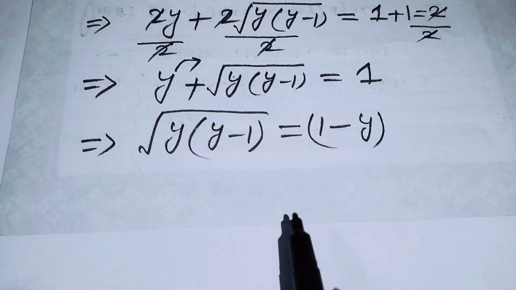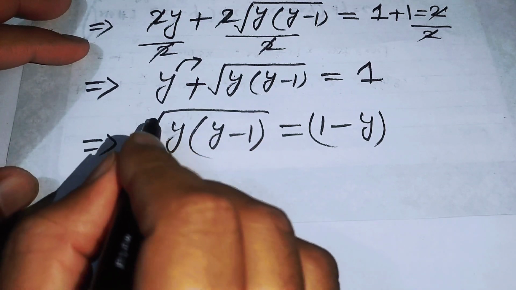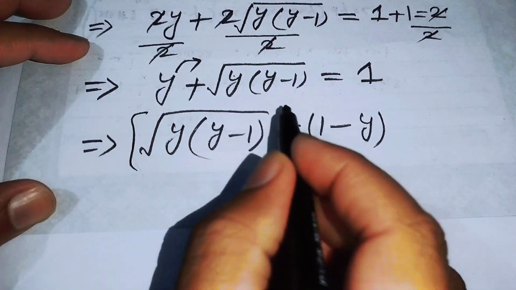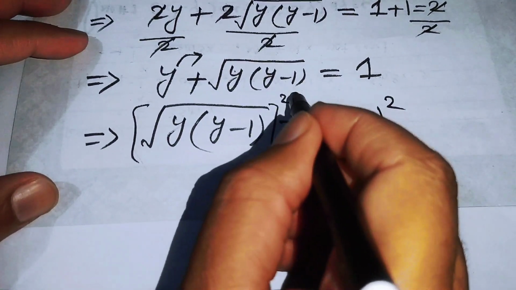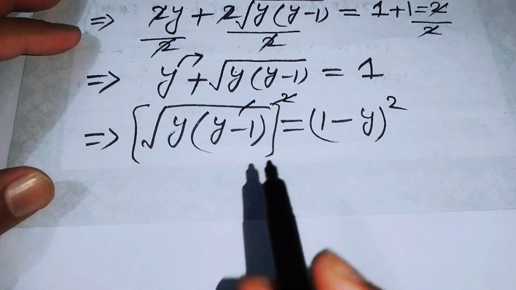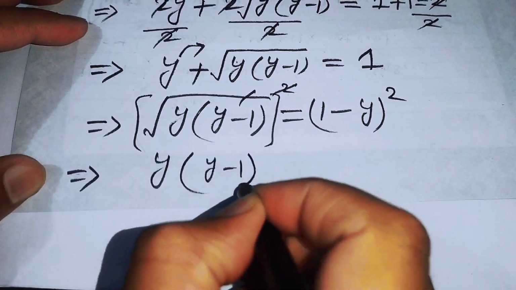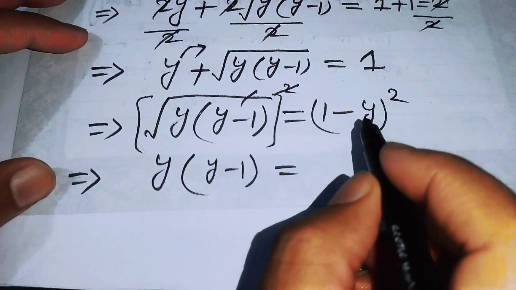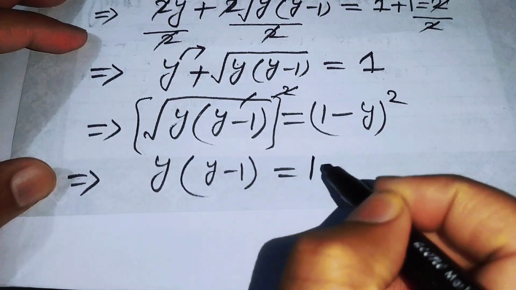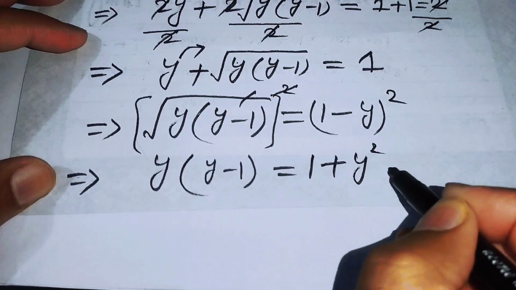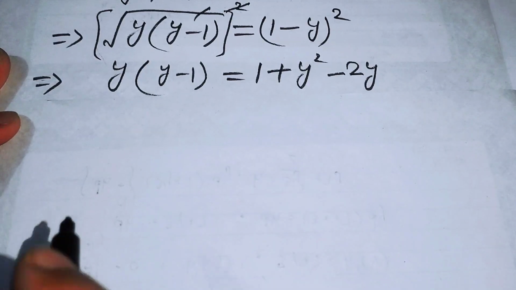So now we can again take square on both of the sides in order to eliminate this square root. So the square root and square are gone, and here we get y times y minus 1 is equal to, we can open this whole square, and we will get 1 square plus y square minus 2 times y.